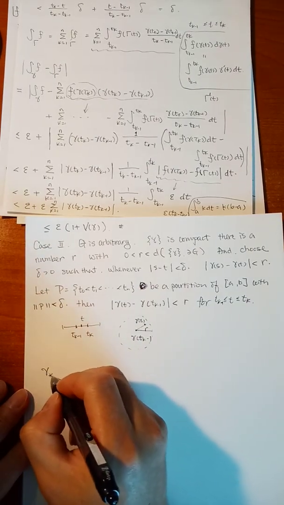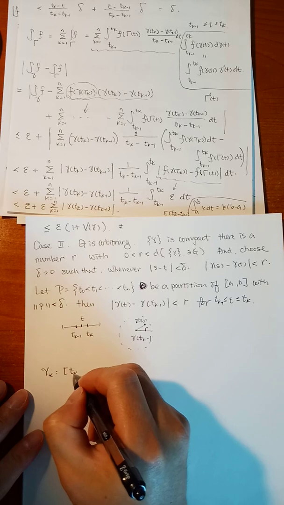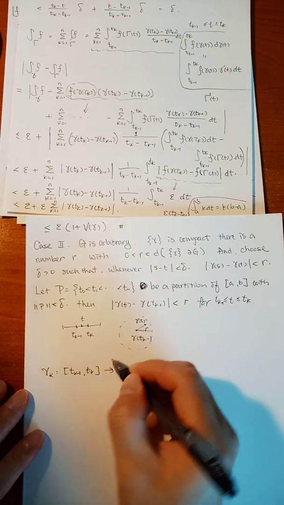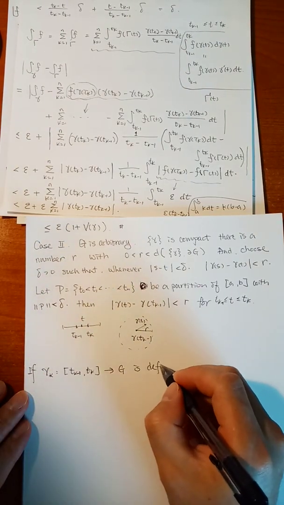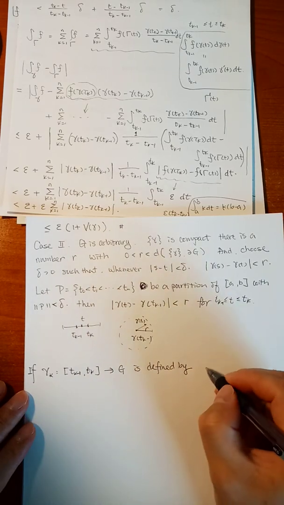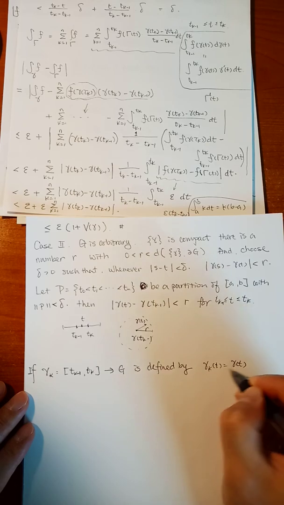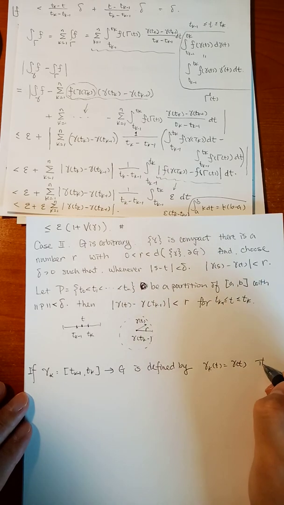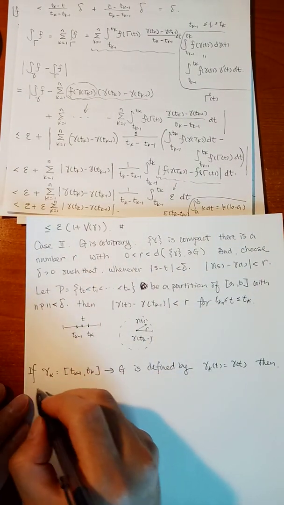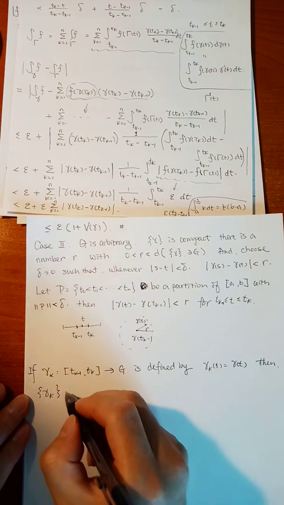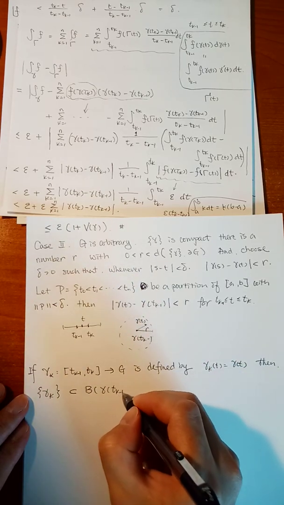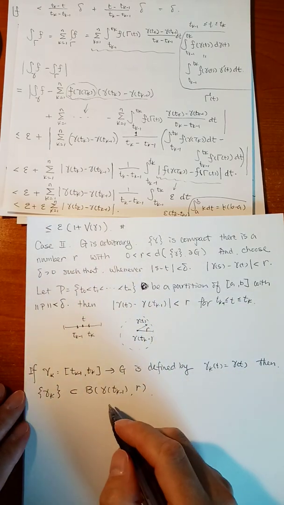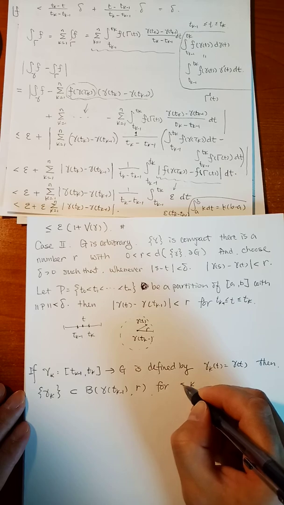So gamma k from tk minus 1 to tk to G, if defined by gamma k of T equal to gamma of T, then the trace of gamma k will be totally contained in the open disk centered at gamma tk minus 1 with radius R, for k from 1 to n.